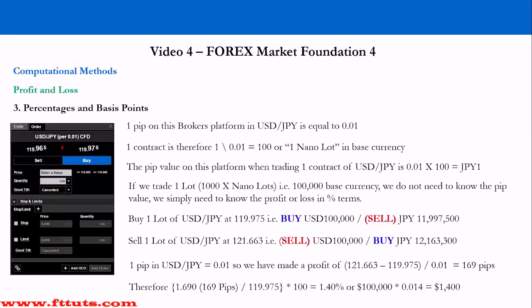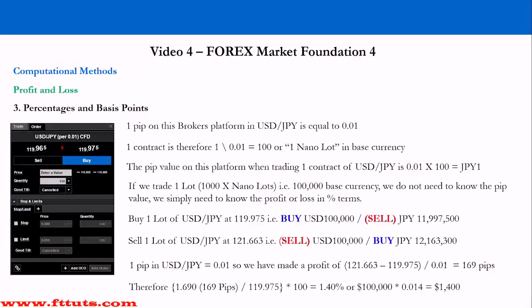And in quote currency, one pip is equivalent to the value of 1 Japanese yen. And if we trade 1,000 nanolots, so we're trading one lot, if we trade this size, it actually doesn't matter.